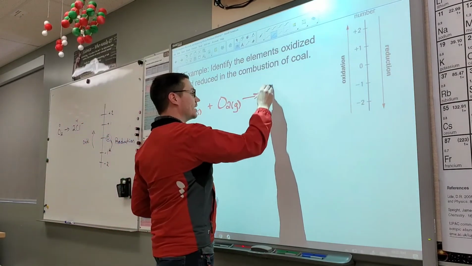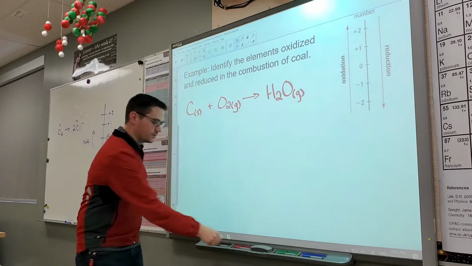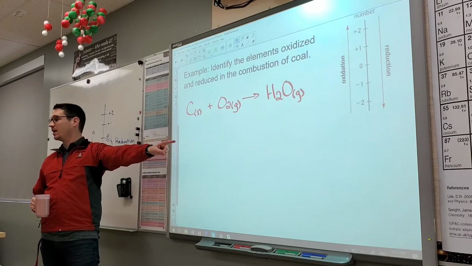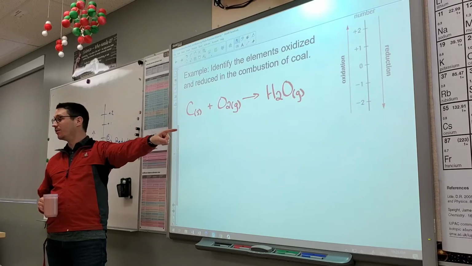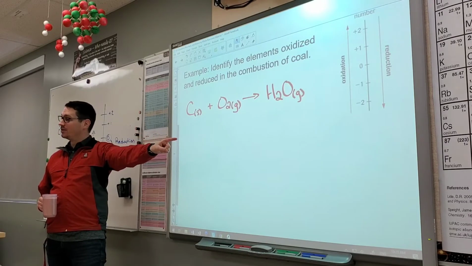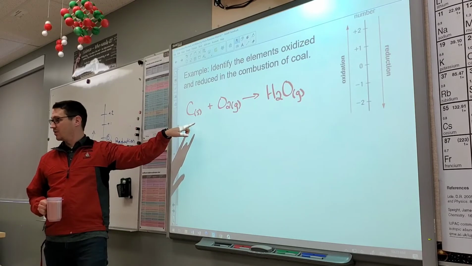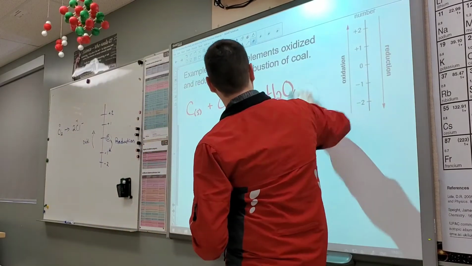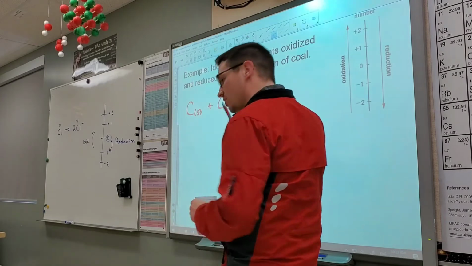How come I can't put H2O gas here? Why is that wrong and you shouldn't write that down? Why is that terribly wrong and you should immediately know why? Matthew? No hydrogen. There's no hydrogens to start with. So how can we have hydrogens to end with, right? So you can't make water vapor from this reaction because there's no hydrogens to start with.